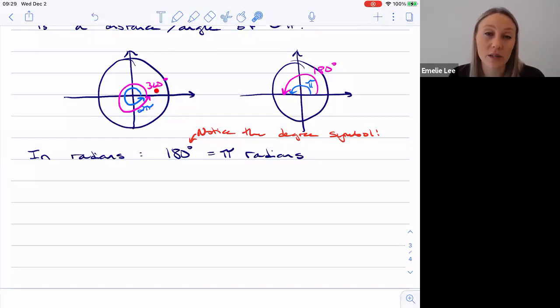Whereas I have to say 360 degrees, otherwise it's assumed 360 radians, which would be just around the circle a ton of times. So the degree symbol is going to tell you whether you need to be in radian mode or degree mode. I know that sounds obvious, but it's really hard when you're first starting, so just keep an eye out for that degree symbol.